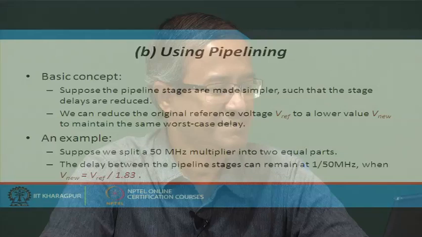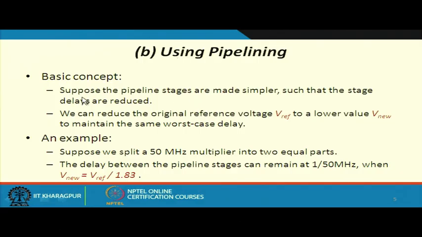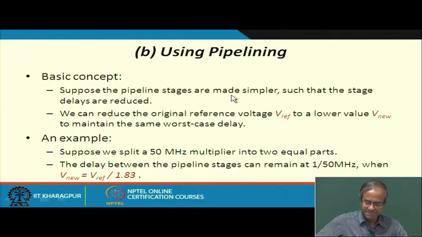Here we are saying that we are making the pipeline stages simpler. Just like we divide a computation into simpler sub-computations, in each of these stages we can either reduce the frequency or reduce the power supply voltage.